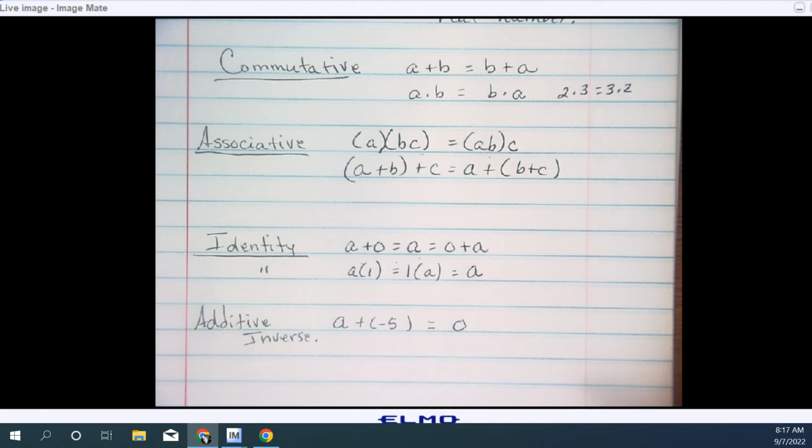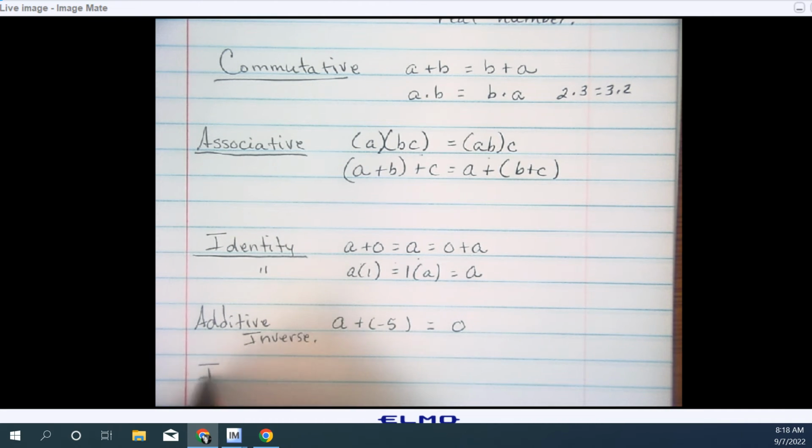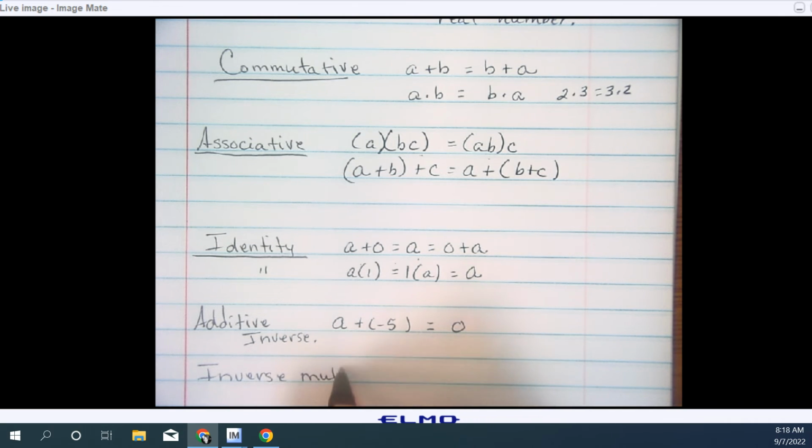Okay, so then if the additive inverse, adding the negative to it, the opposite, gets it back to 0, then what would I have to do with multiplication? What would be the inverse for multiplication? Divide. So we have to have it equaling 1.